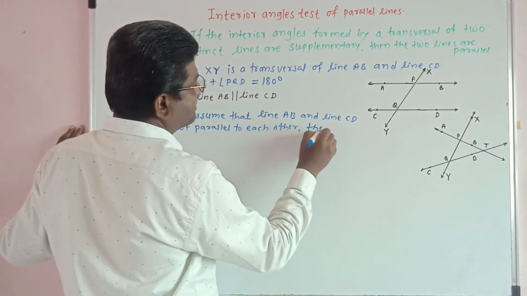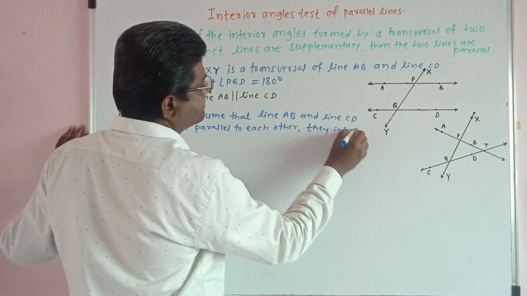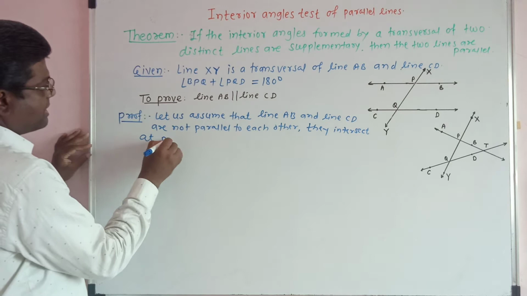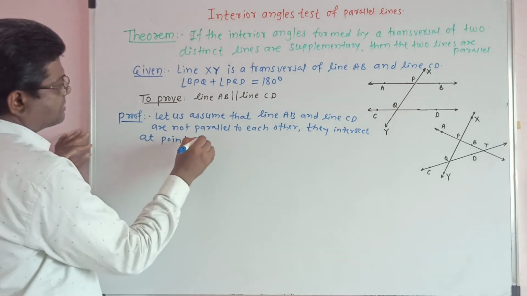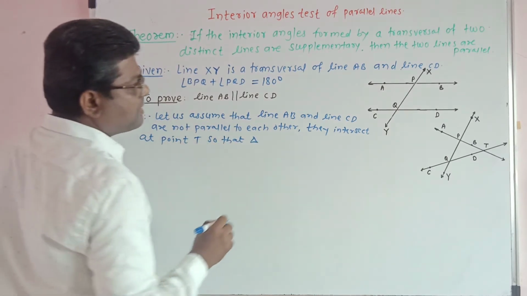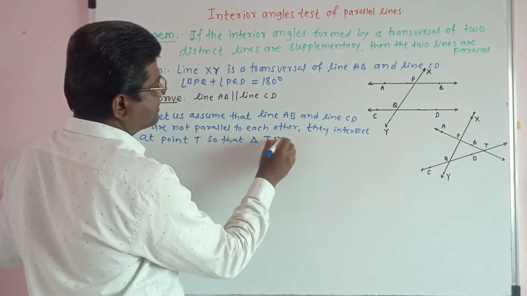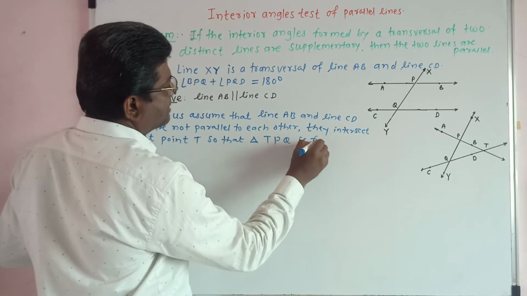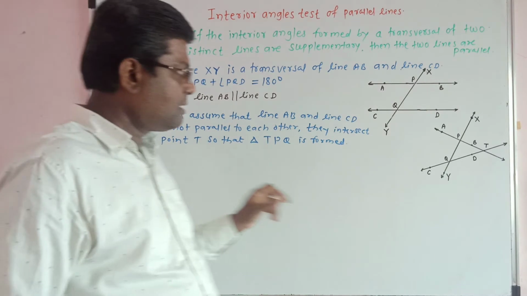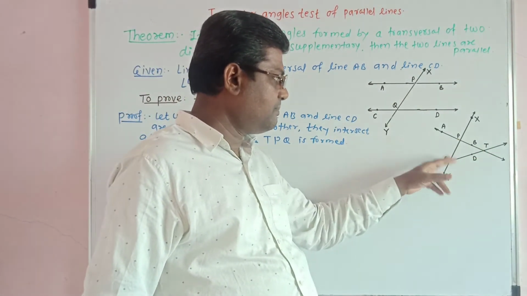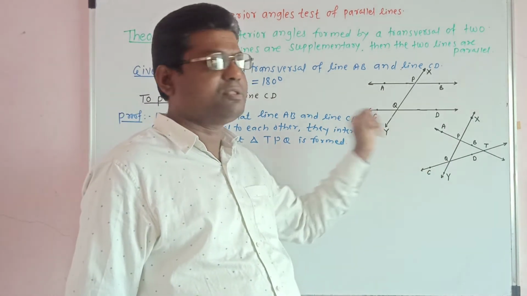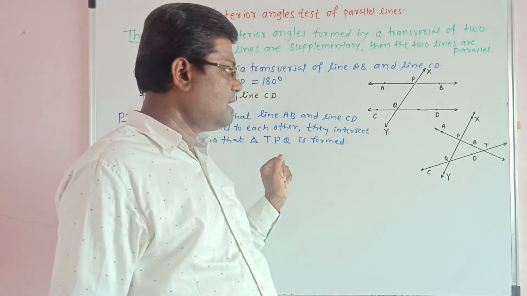They intersect at point T, so that triangle TPQ is formed. Now in this triangle TPQ, the sum of measures of all the angles of this triangle is 180 degrees.